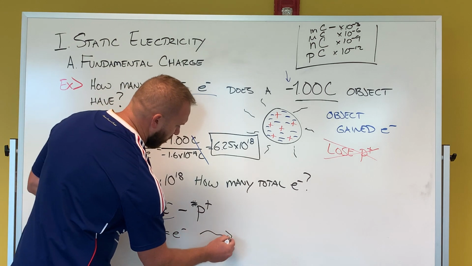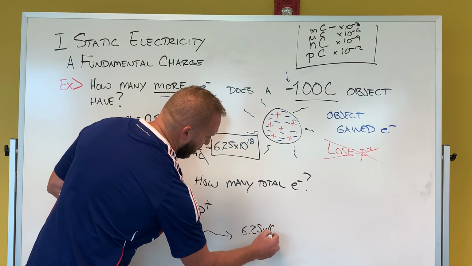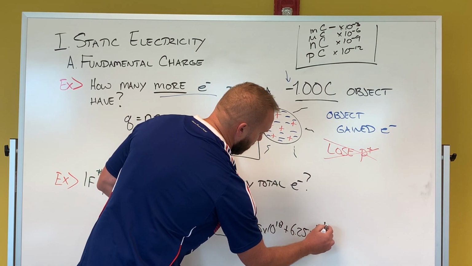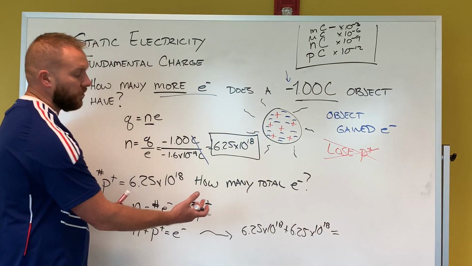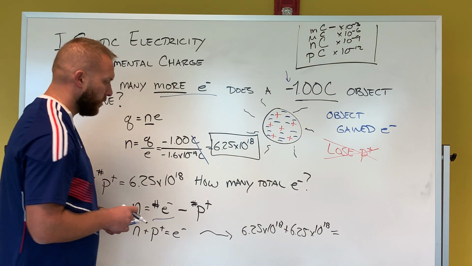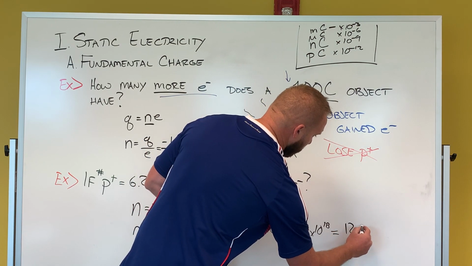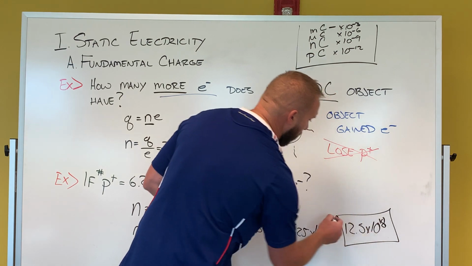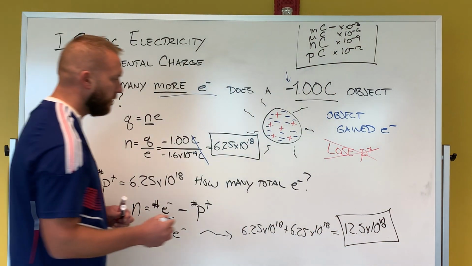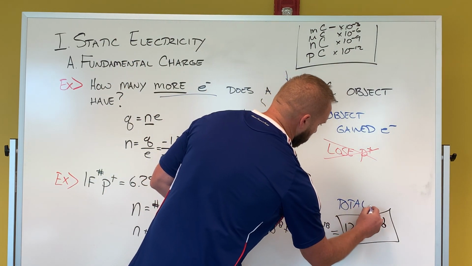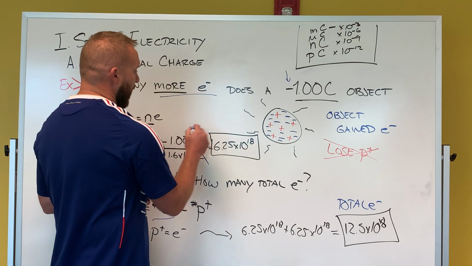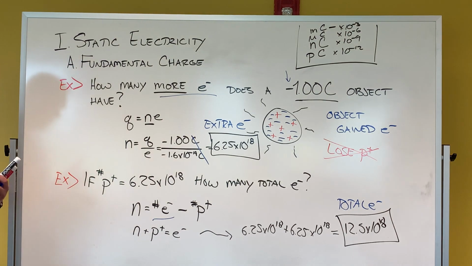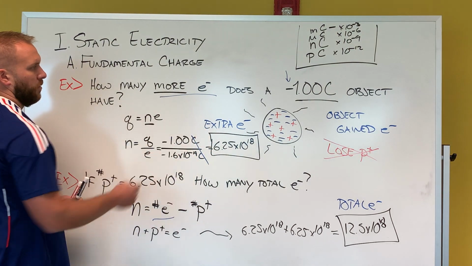So what we get, 6.25 times 10 to the 18 plus 6.25 times 10 to the 18. And what's that going to give me? Obviously, that's just like 6.25 times 2. So that's going to give me 12.5 times 10 to the 18 total electrons, right? So just understand, this here is my total electrons, whereas here is my extra electrons, okay? And it's the extra electrons that actually produce the charge of the object.